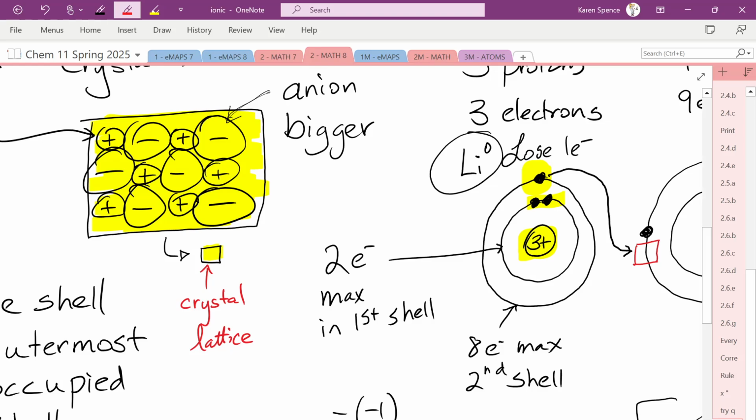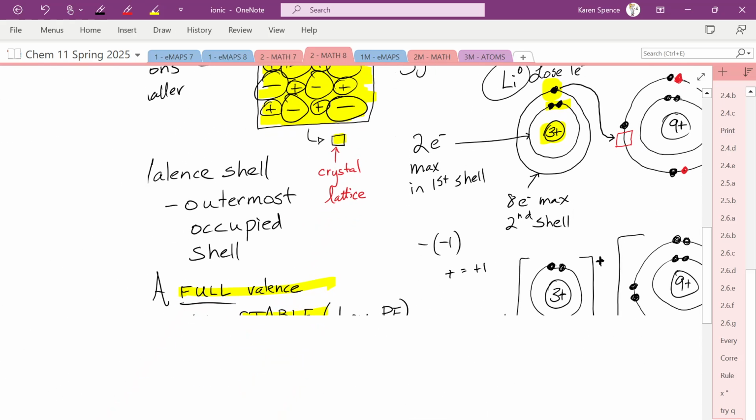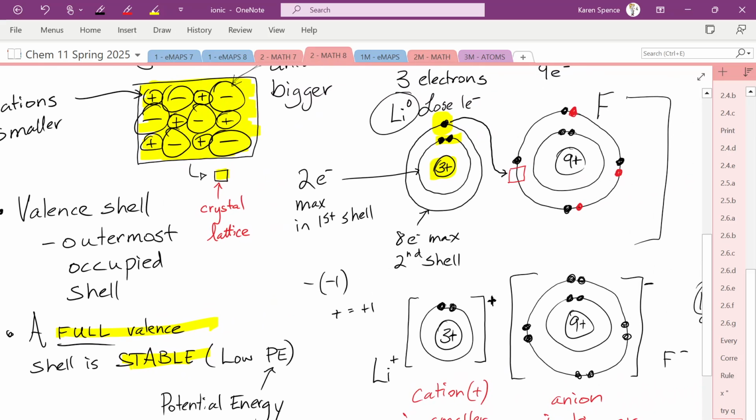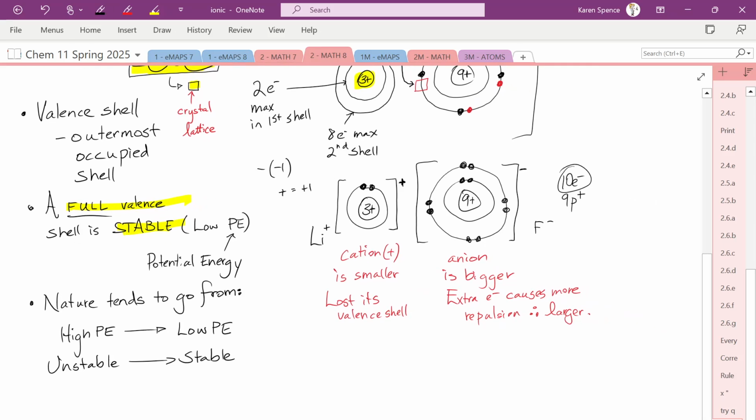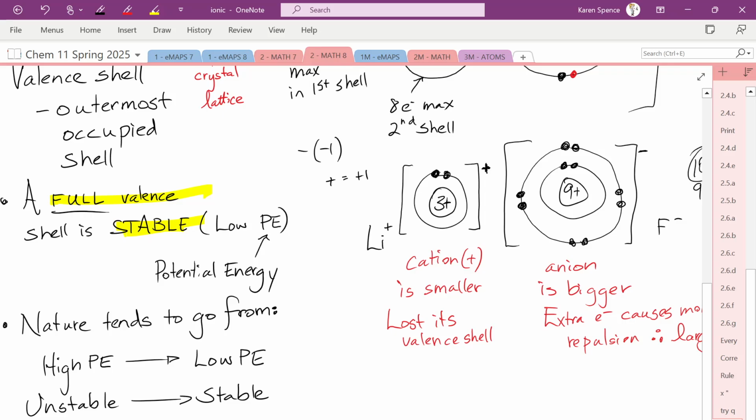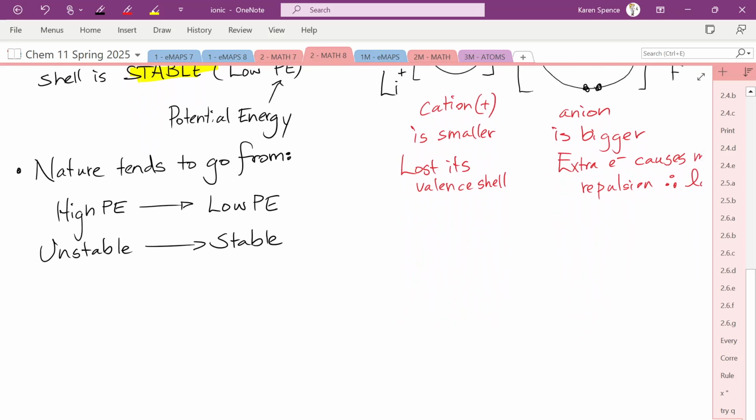The other reason we don't want to draw it every single time is because in our lab, what form was the calcium hydroxide in when you got it?